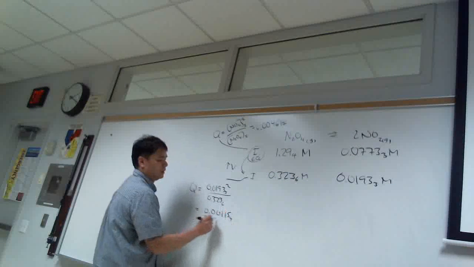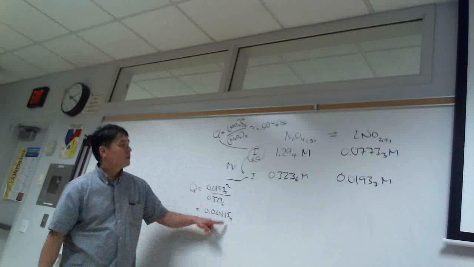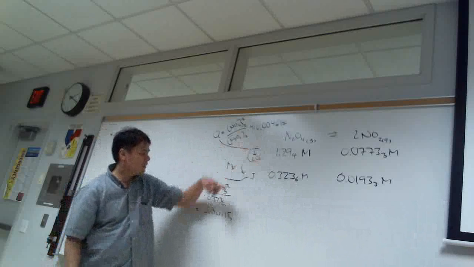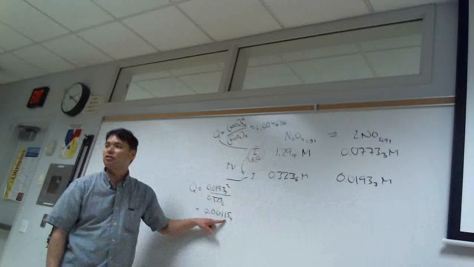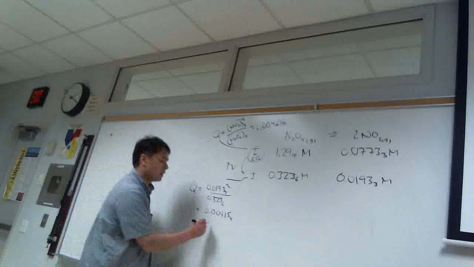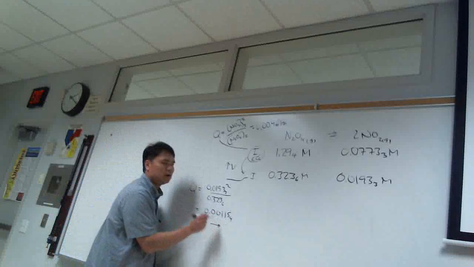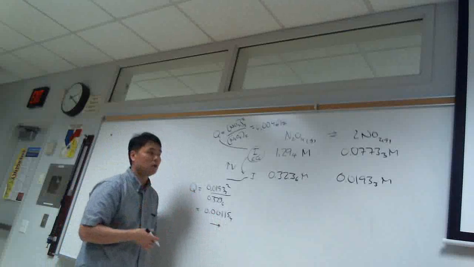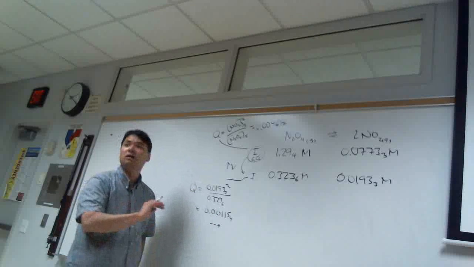Yeah. All right. So it's too small. It should be 0.00461. It's 0.00115. Too small, which means we need more product. And so calculating our Q confirms what we already predicted qualitatively. It's got to shift to the right.